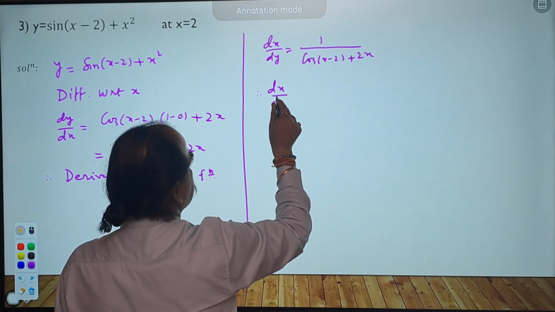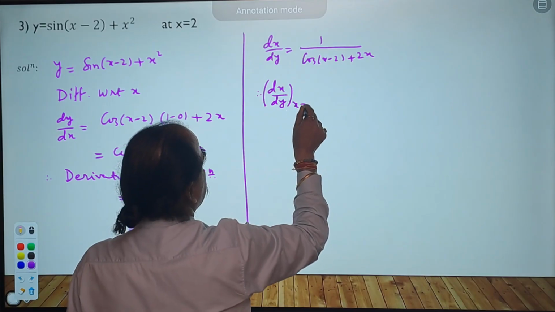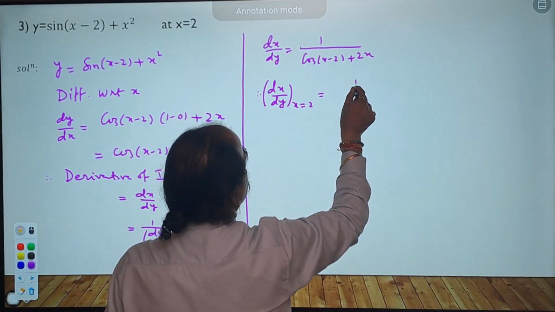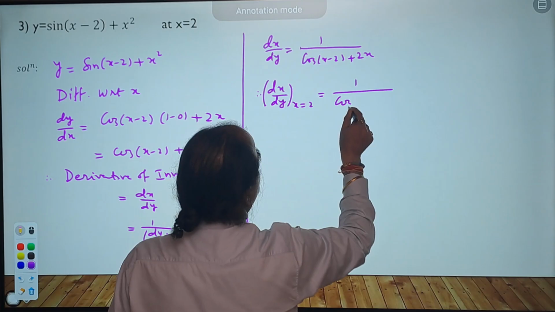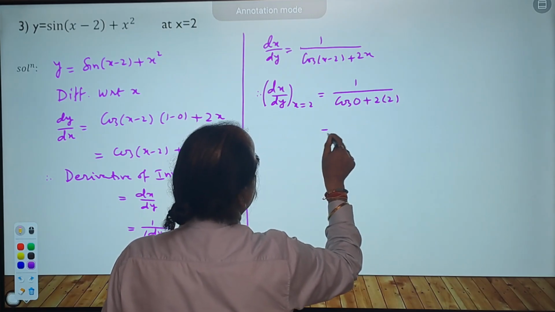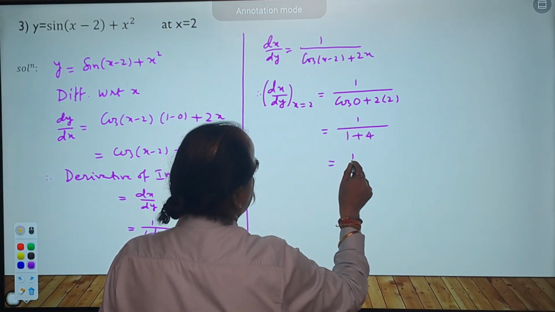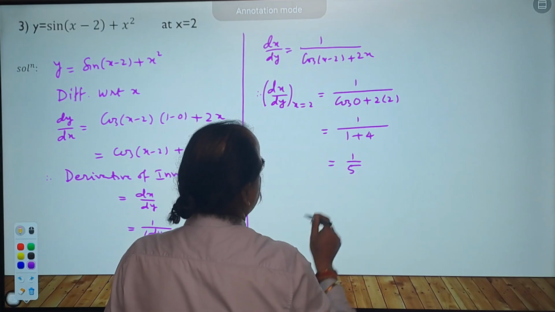So dx by dy when x is 2 is 1 upon cos 0 plus 2 into 2, which is one upon 5.